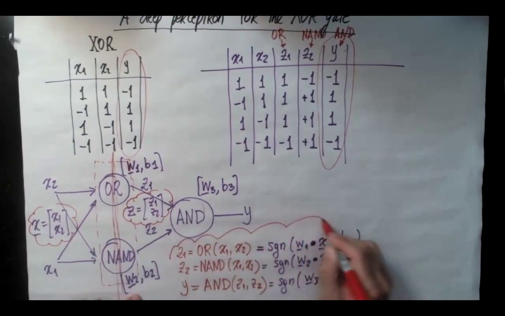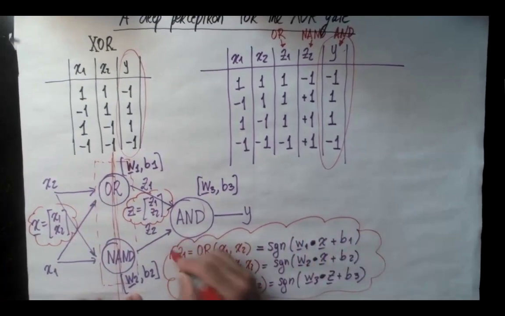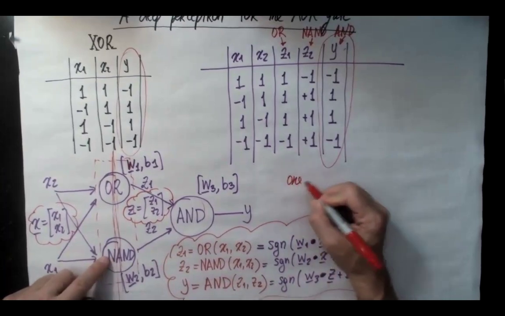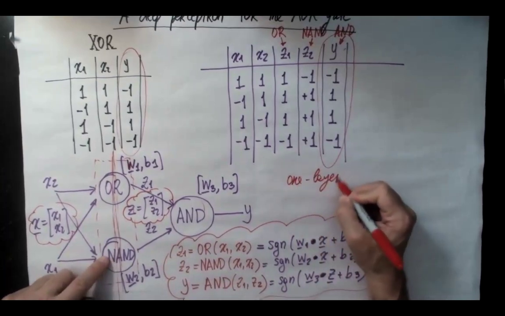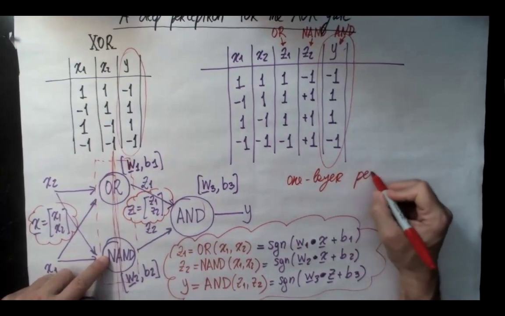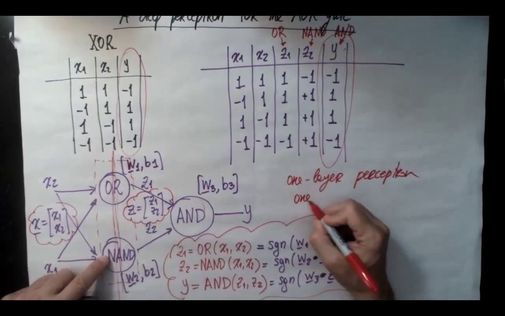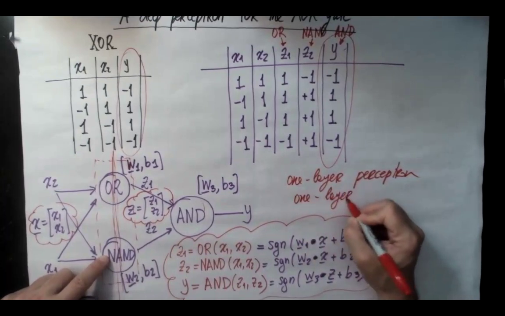So actually, here we have a model of a one layer perceptron. Obviously, a one layer neural network.